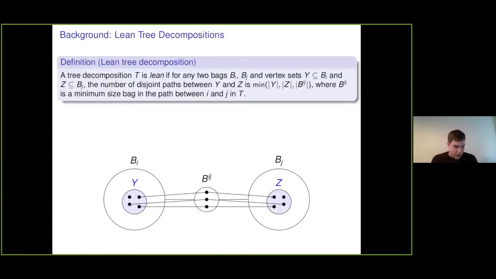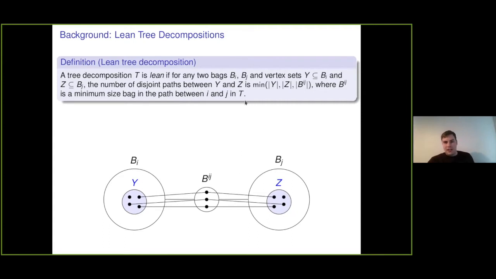Now another thing that I want to briefly talk about is the proof of Bellenbaum and Diestel, on which this algorithm is based. This proof talks about lean tree decompositions. We say that a tree decomposition is lean if for any two bags bi, bj, and vertex sets y and z that are subsets of these bags, the number of disjoint paths between y and z is the minimum of the size of y, the size of z, and the size of a minimum size bag on the path between them.